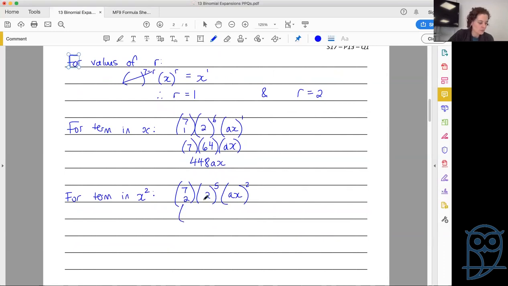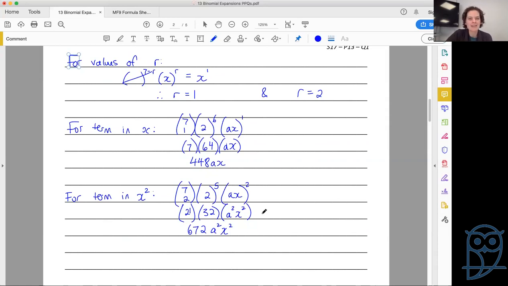So 7C2 is 21. 2 to the 5 is 32. a squared, x squared. Combining everything together, 672a squared x squared. So this is quicker than doing term by term by term by term to find the terms that you want by luck.